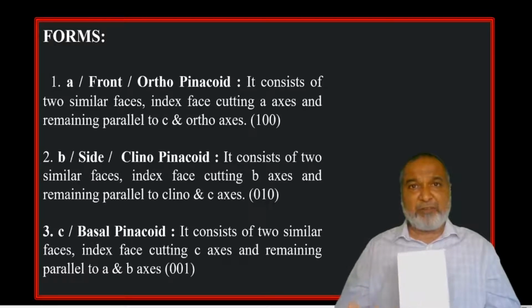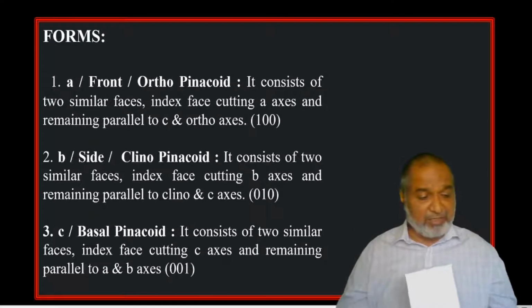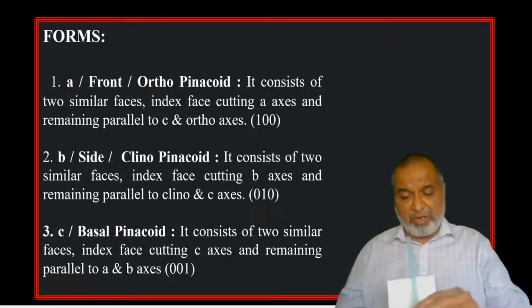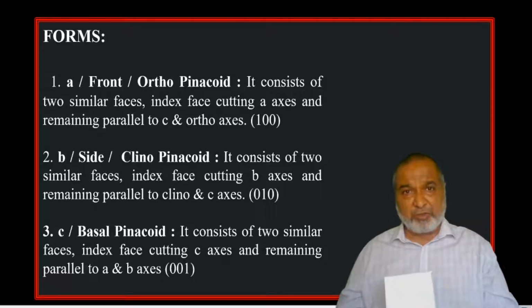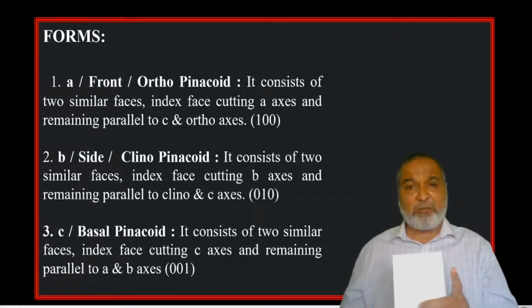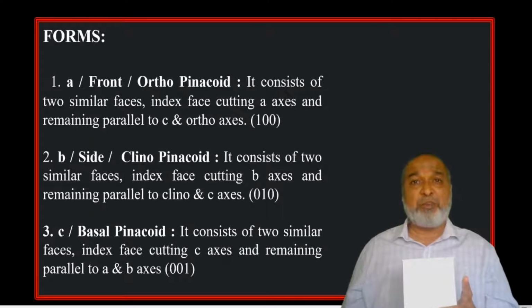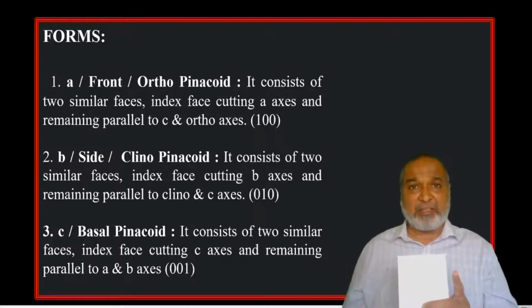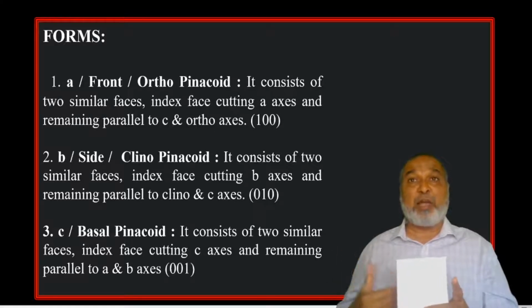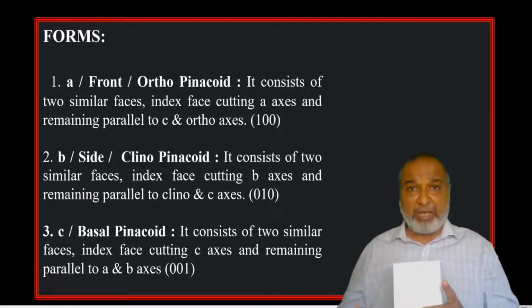Your A axis runs from front to back as seen by an observer, so your axis is going in this direction. The front and back is one pair. So this will become your A pinacoid along the A axis, and it will be on the front side, so we also call it a front pinacoid. A pinacoid because it is along the A axis.